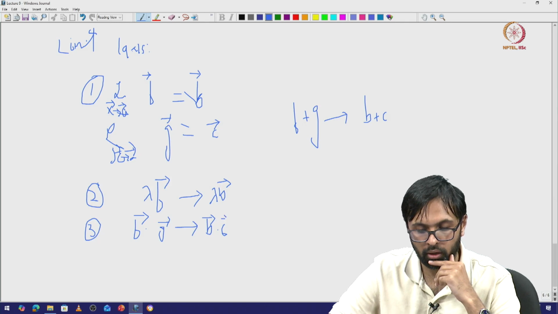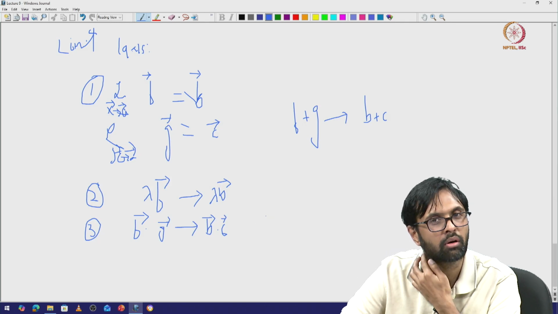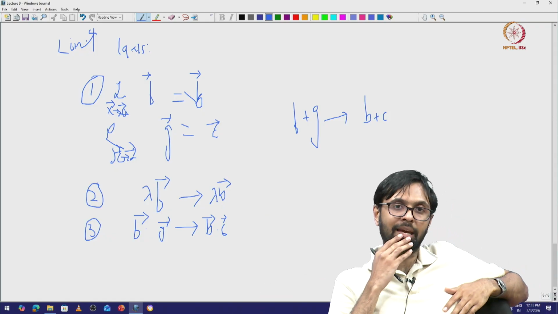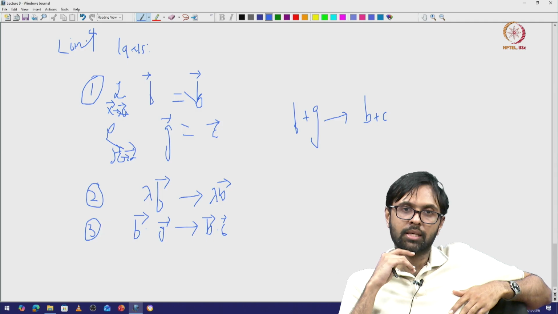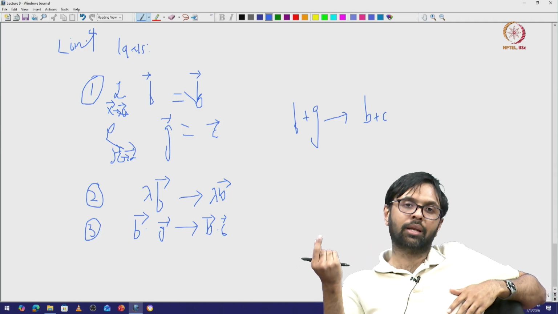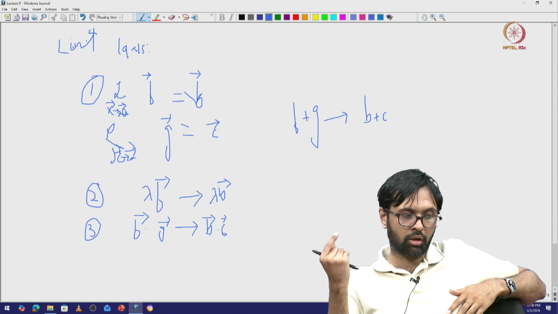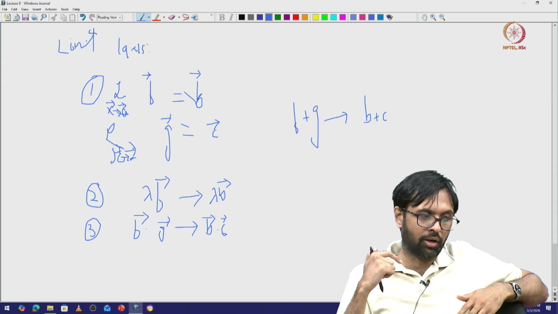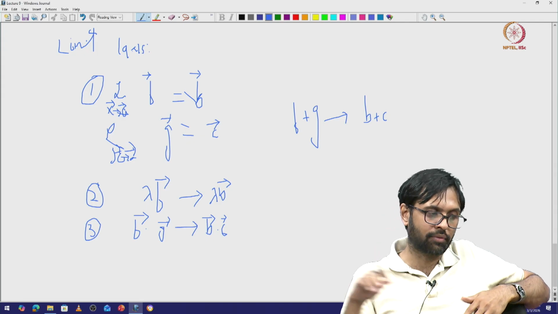In one variable, this would be a special case of this. Suppose these were scalar valued functions. What this is saying is, if you multiply two scalar valued functions, the limit does exist and it equals the product of the limits of each of these scalar valued functions. This is a generalization of that point.